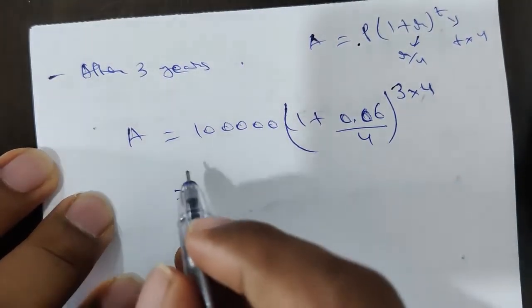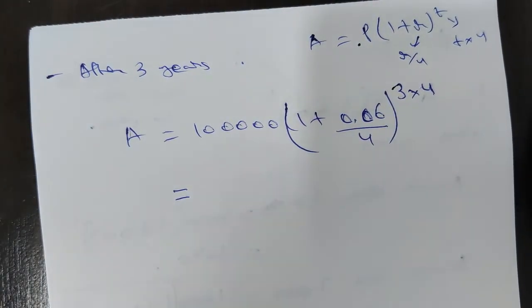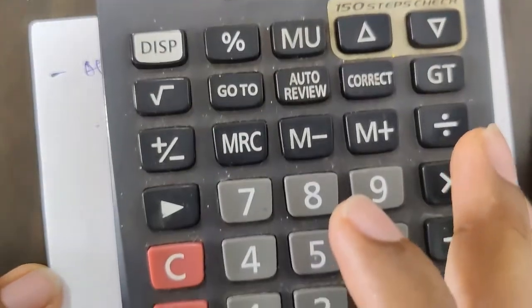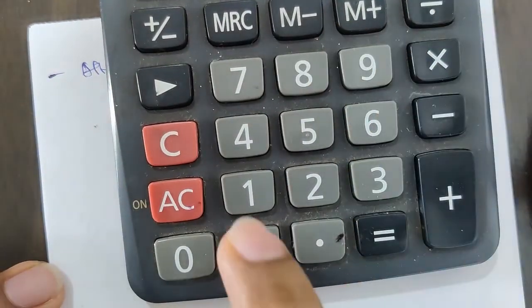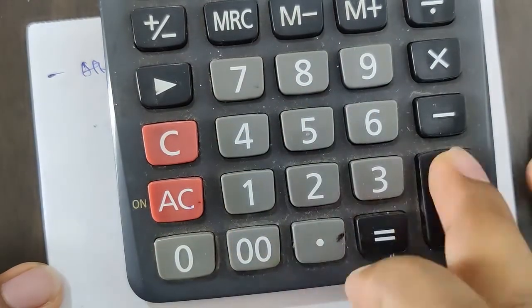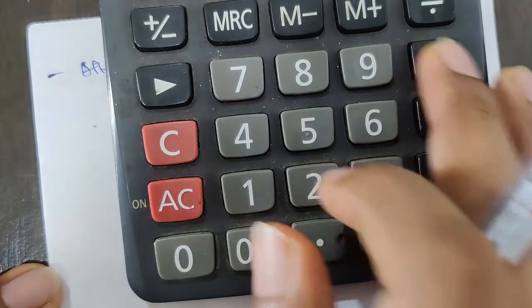So now what would be the amount? Just try to compare it yourself and see if you match the answer below. So again 0.06 divided by 4 plus 1. So here we are compounding 12 times.